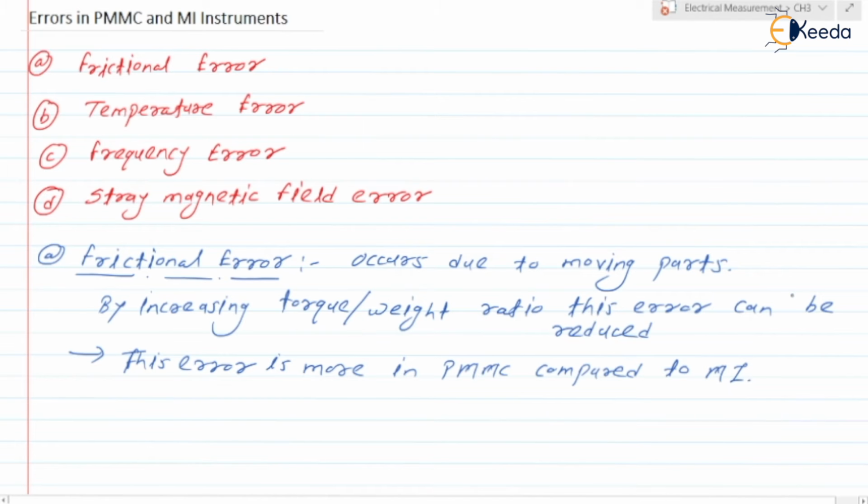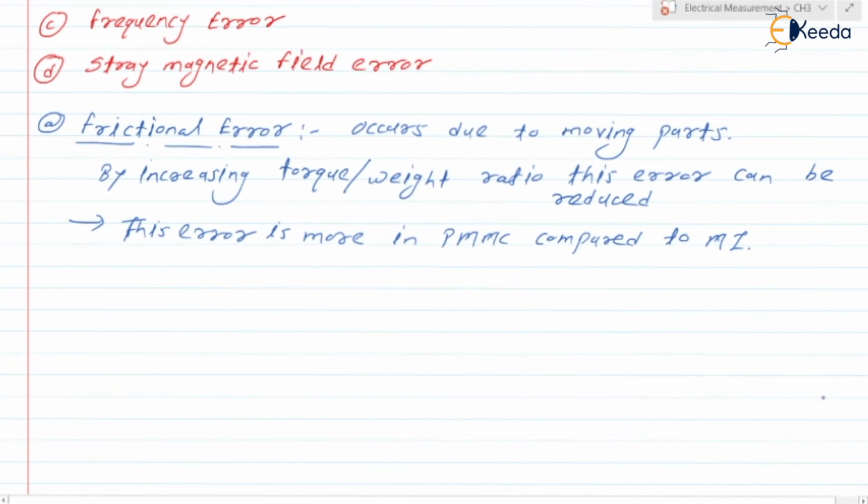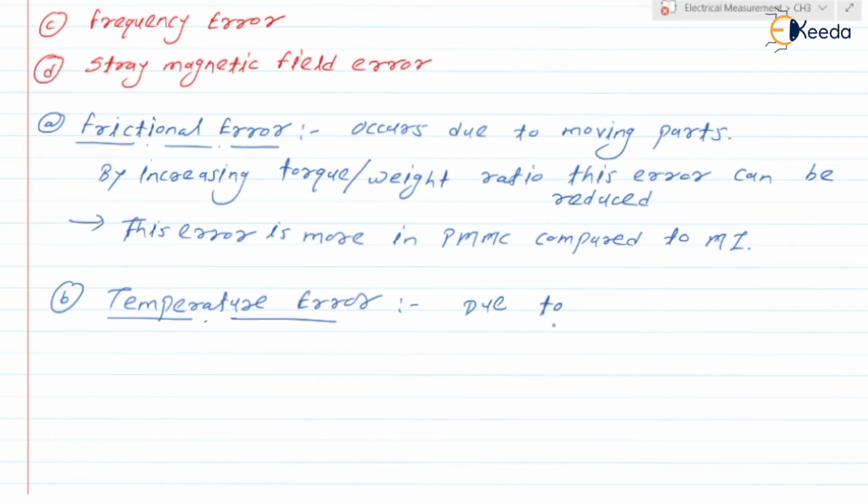Next, second, we have temperature error. Due to the temperature, the meter resistance increases. That's why the meter shows the lesser reading. Because resistance increases, the current flowing through the circuit will be lesser, and due to the lesser current the deflection will be lesser, so the meter will show a lesser reading.